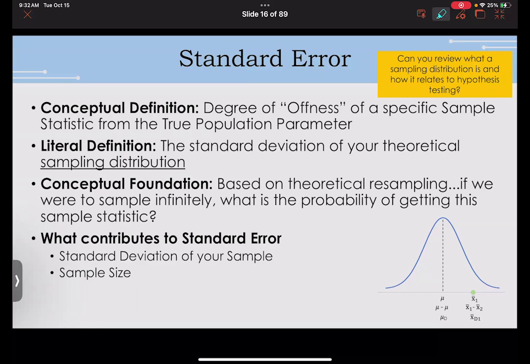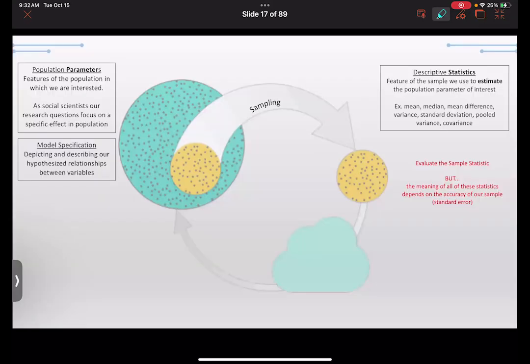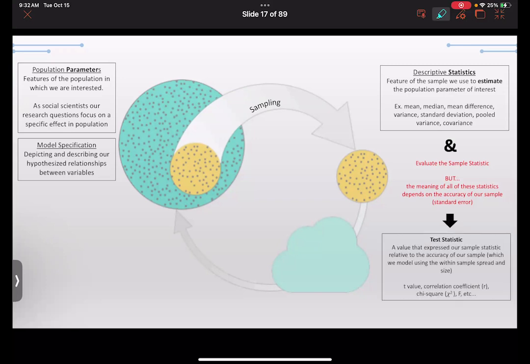If standard error is made up of the standard deviation of your sample and sample size, can chi-square have a standard error? No, right? It doesn't have standard deviation. So we take those two things together, and what do those make? Our test statistic, exactly. They are literally the two puzzle pieces, the two pieces of our test statistic.